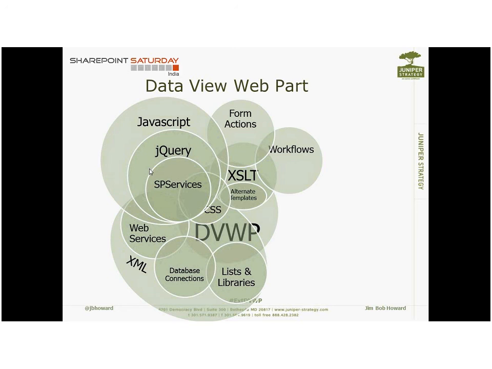In this case, it gives us the ability not just to grab that XML to display through the XSL, but in jQuery to go get that data and manipulate it, or write data back out, or delete some data. And we're not limited to the list that we're on either. We can write out to any of the lists within our site or site collection. So let's look at that real quick.